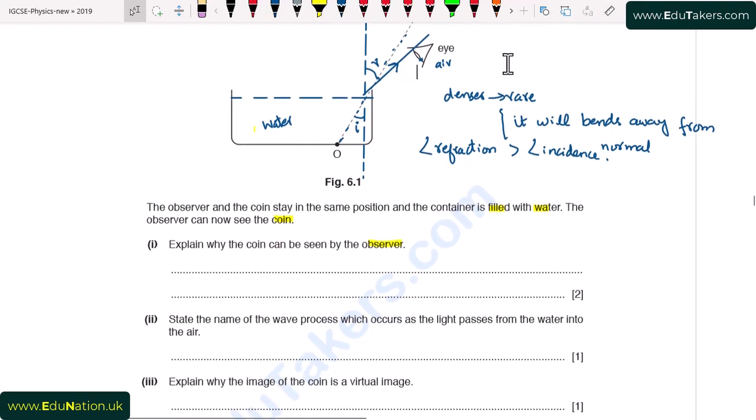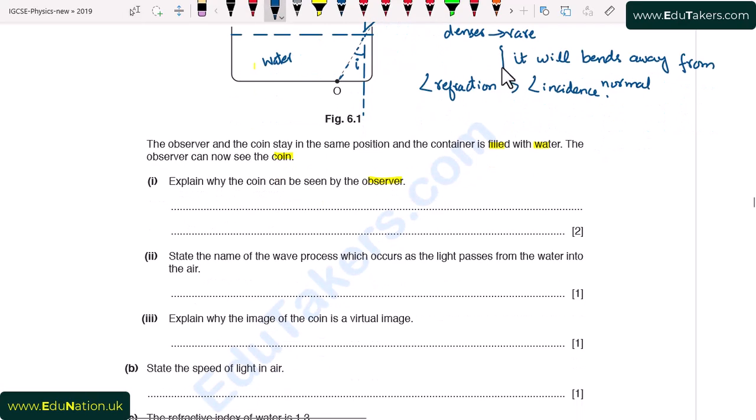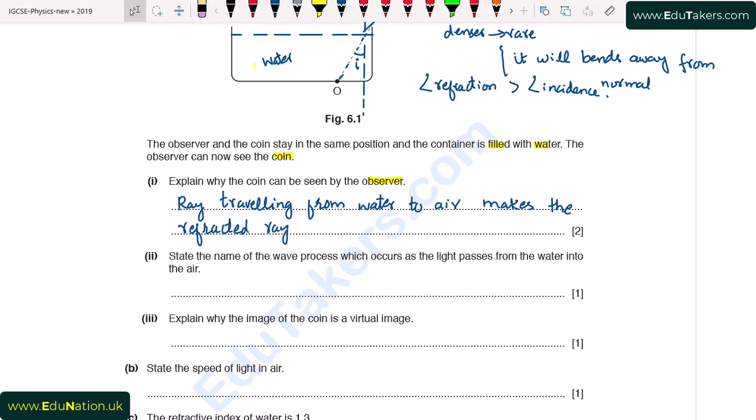So I write here ray traveling from water to air makes the incident ray makes the refracted ray to bend away from normal.